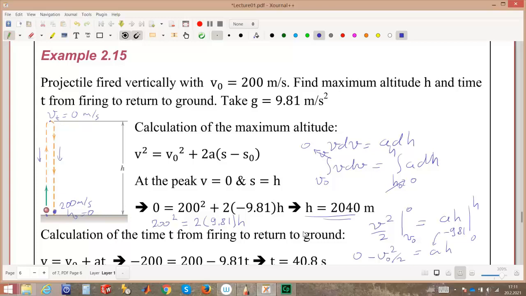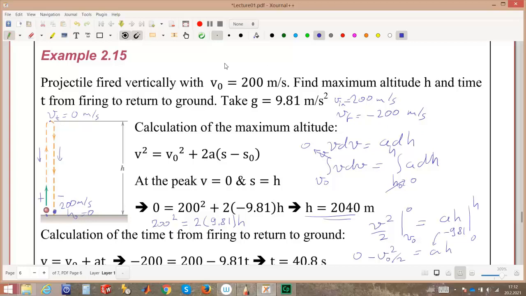Now for the total time, I said that we already know that it's going to land on the ground with 200 meters per second. If we call this the positive direction and this the negative direction, that means its initial velocity is 200 meters per second, v initial, and v final would be negative 200 meters per second.